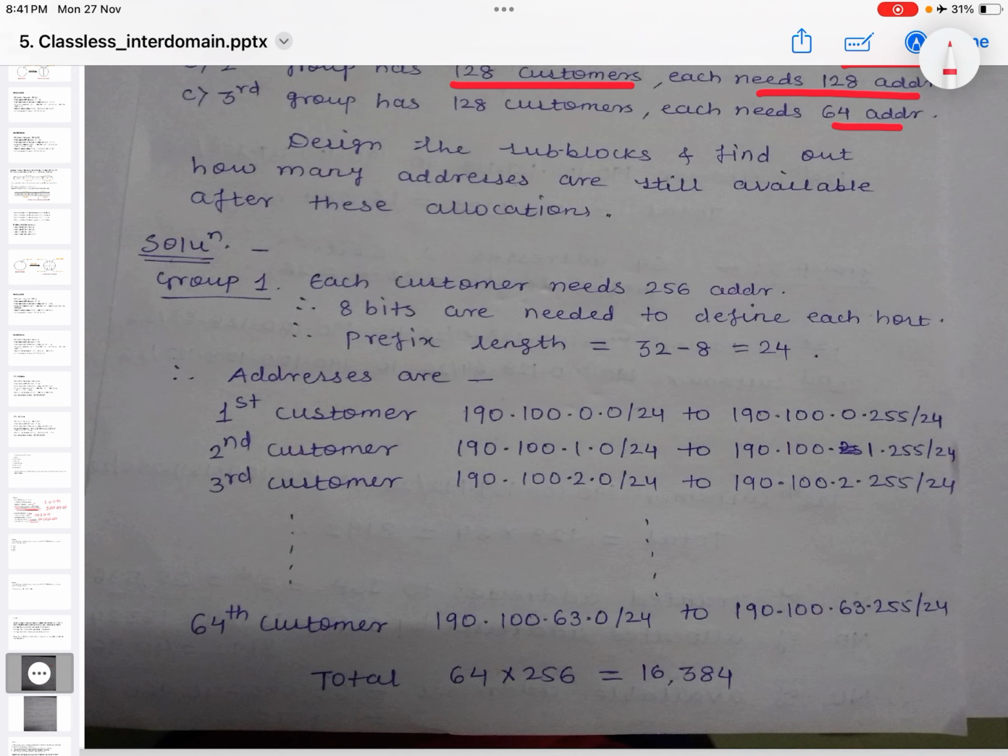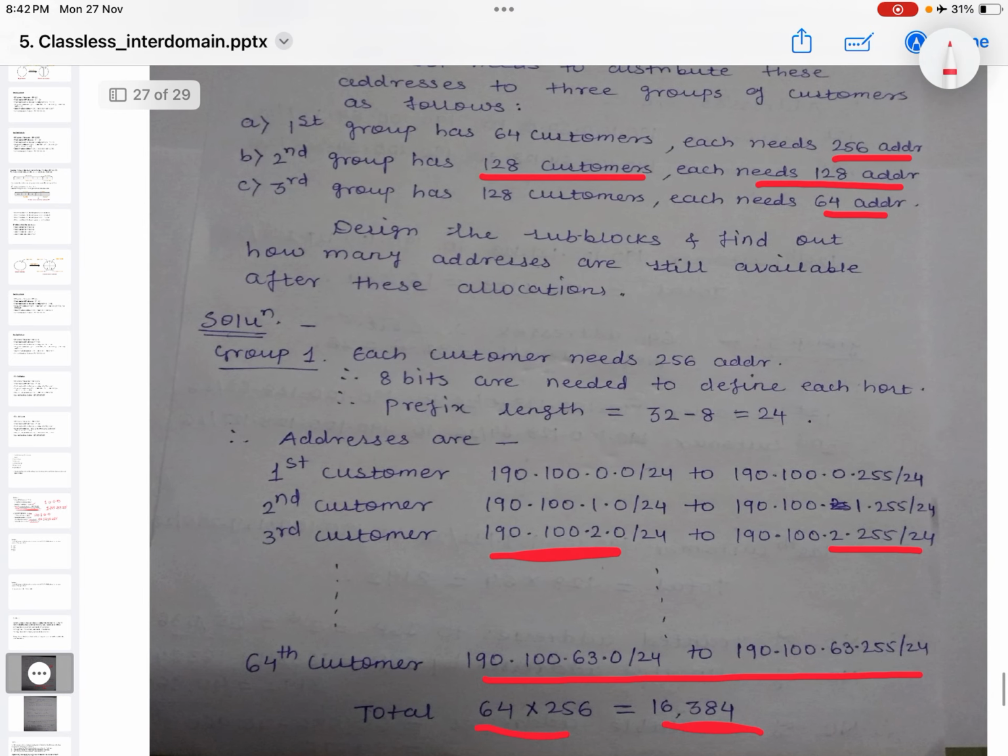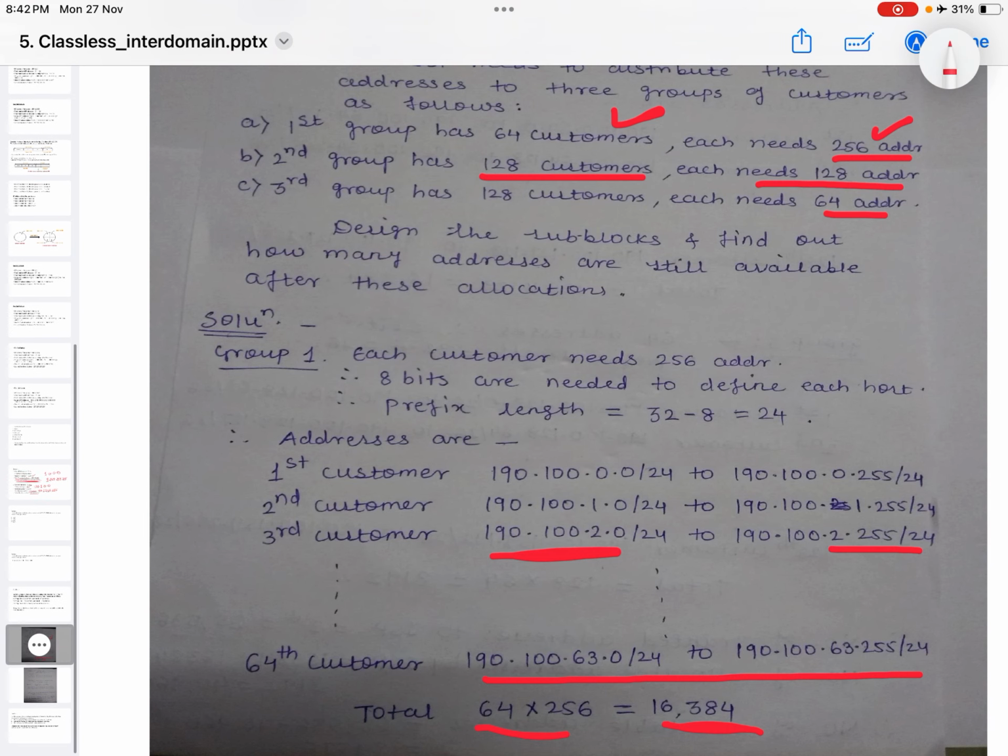So the addresses will be 190.100.0.0/24, then 190.100.1.0/24, then 190.100.2.0/24, and so on till 190.100.63.0/24. So the total will be 64 into 256, that is 64 customers into 256 addresses. So 16,384 will be the total.